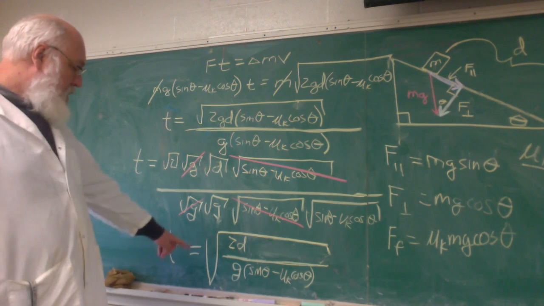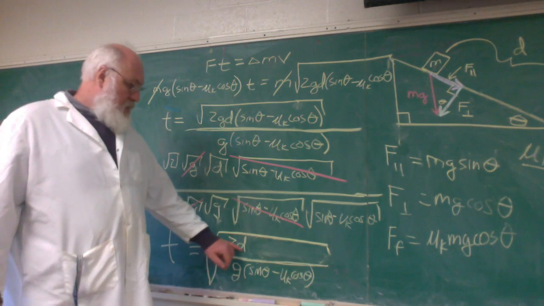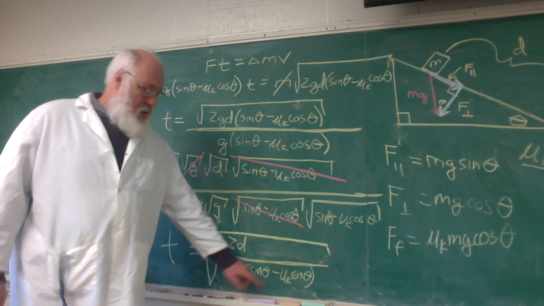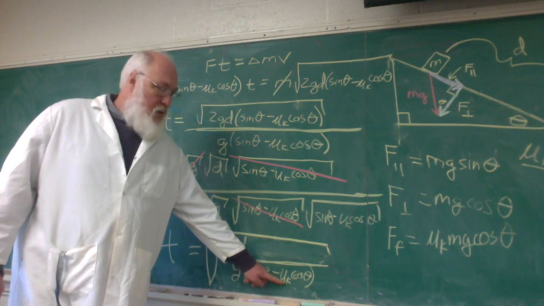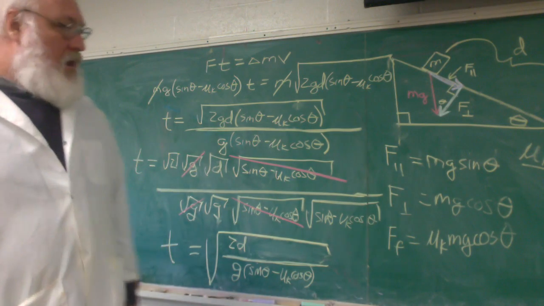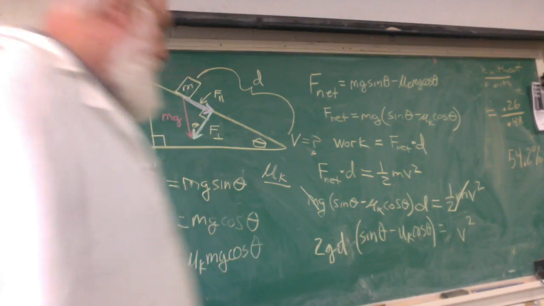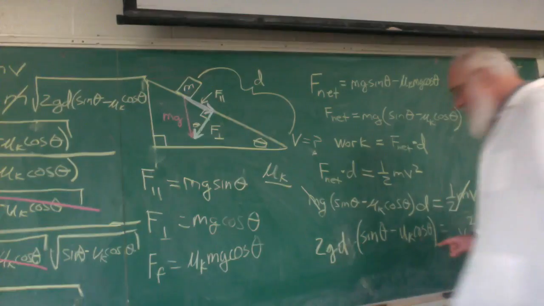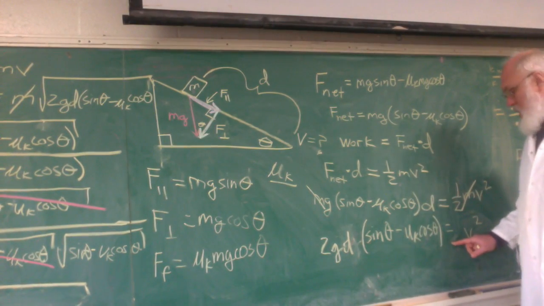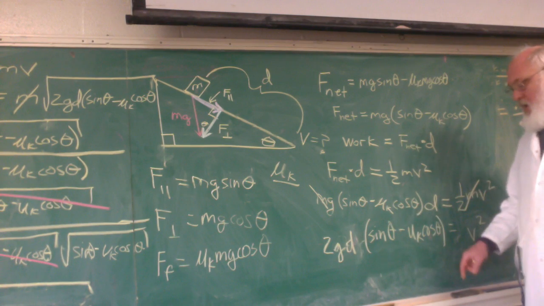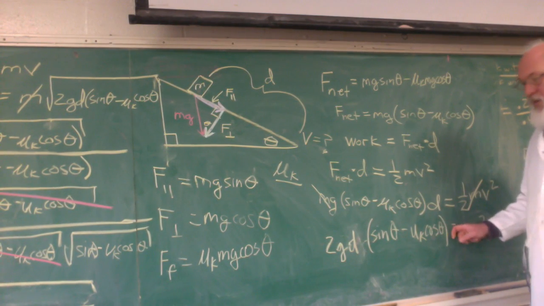So there's a time it takes to go down the incline based upon how far it went down the incline, g, the angle, and of course the coefficient of kinetic friction. And we also have the other relationship that we had earlier, which is the one where we can find out how fast it's going: v squared is equal to 2gd times (sine theta minus uk cosine theta).